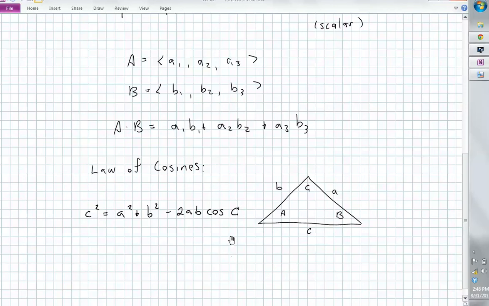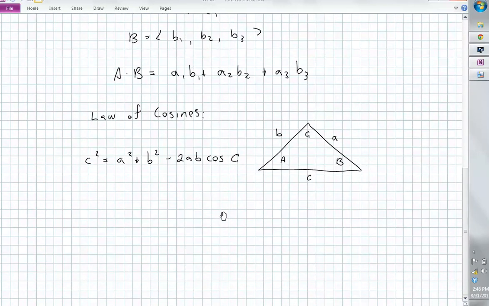Okay, well, how does this bear on the dot product? Let's make a triangle out of a pair of vectors. We can do that. And let's indicate the angle between these 2 vectors.